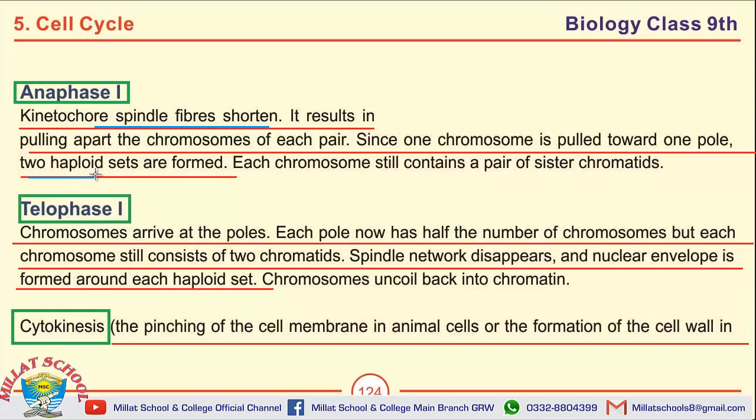During anaphase 1, two haploid sets of chromosomes are formed. During telophase 1, haploid set of chromosomes is formed. Cytokinesis is the pinching of cell membrane in animal cell and the formation of cell wall in plant cell.